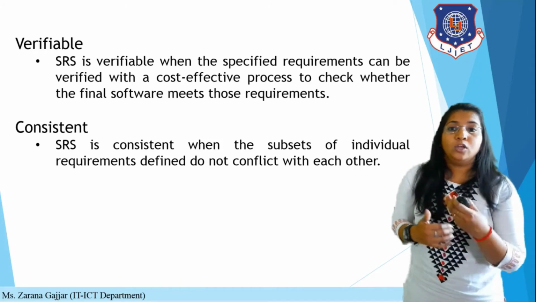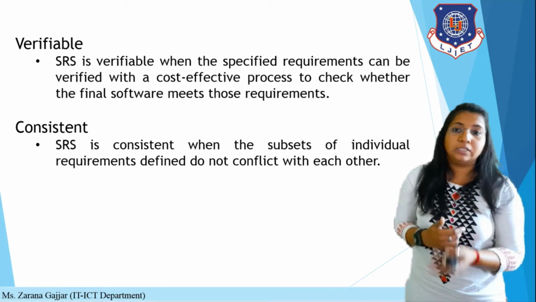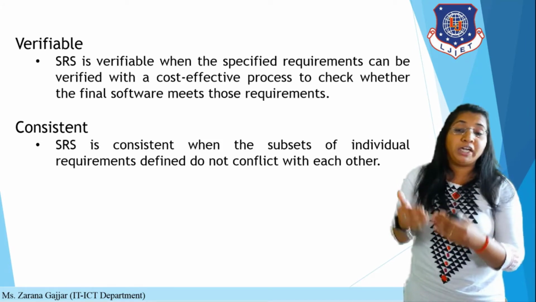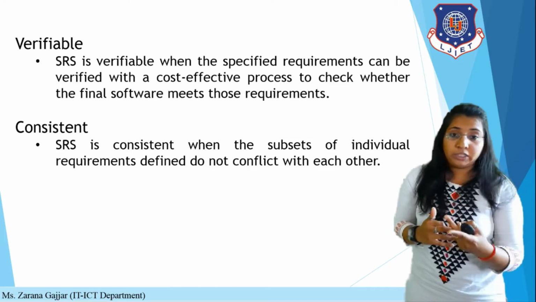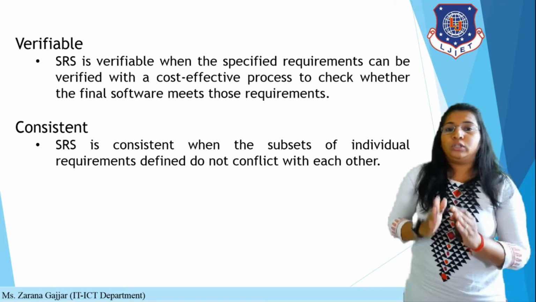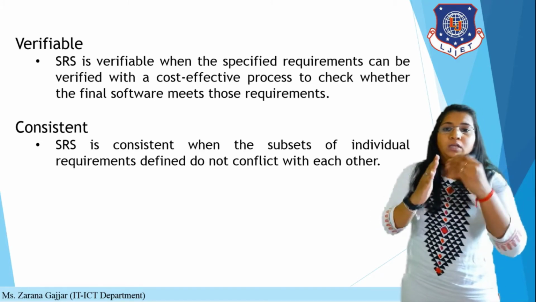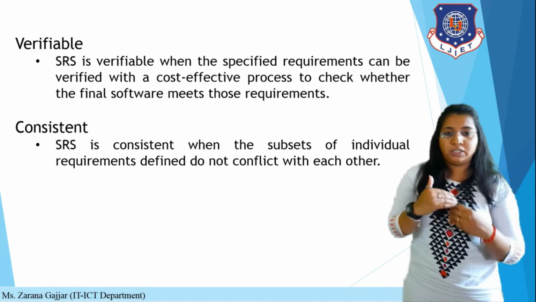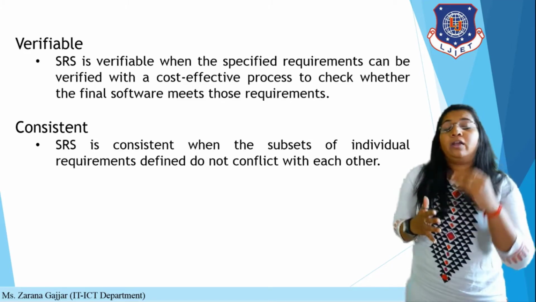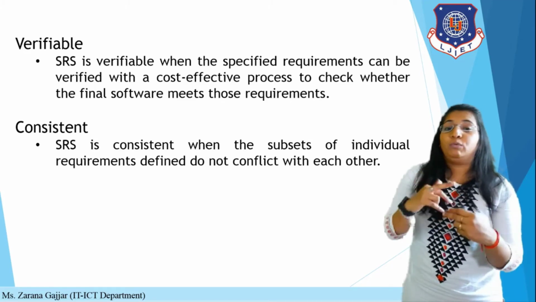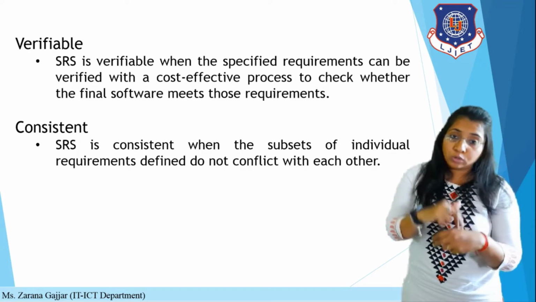Then consistency. An SRS is consistent when the subset of individual requirements defined do not conflict with each other. As we all know, each requirement has sub-requirements. So subsections are always there, but you have to check whether there is any conflict between any requirements in your software.